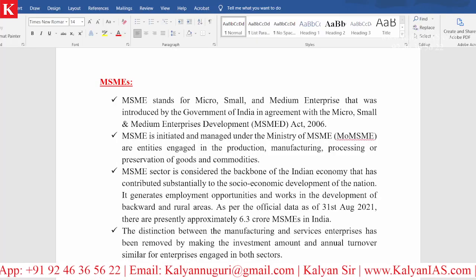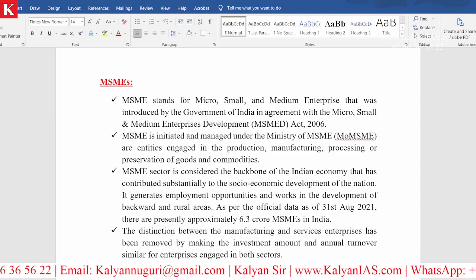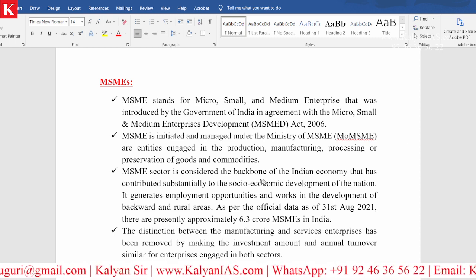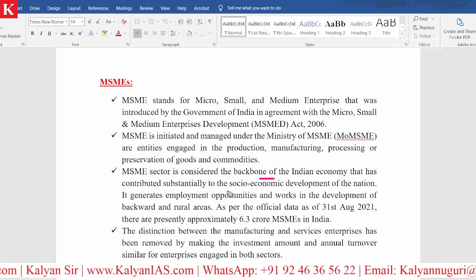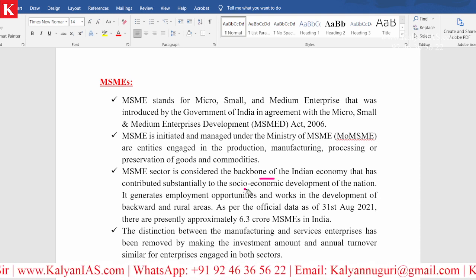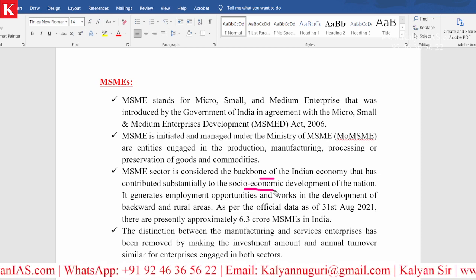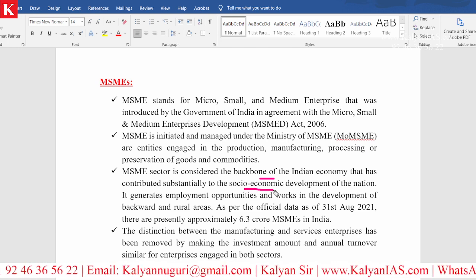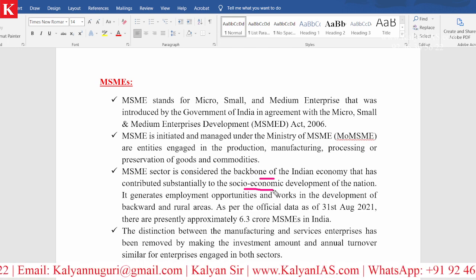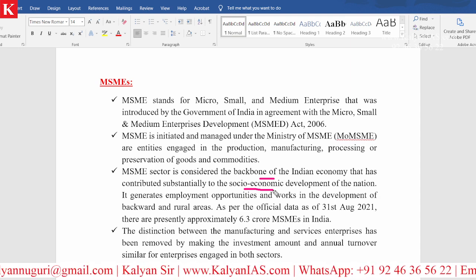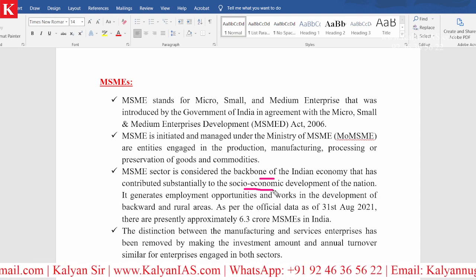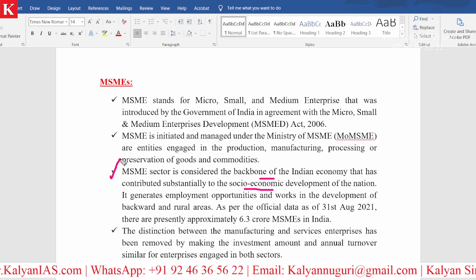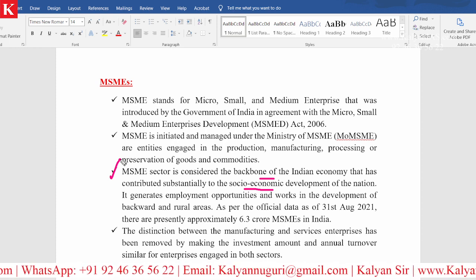Now, look at this again closely. The MSME sector is considered to be the backbone of the Indian economy and contributes substantially to socio-economic development. Kindly remember, whatever program you launch, whatever new scheme you are launching, whatever new ministry you are creating, everything should be aimed at the socio-economic development of the nation. And the same role is also being played very effectively and efficiently by MSMEs.